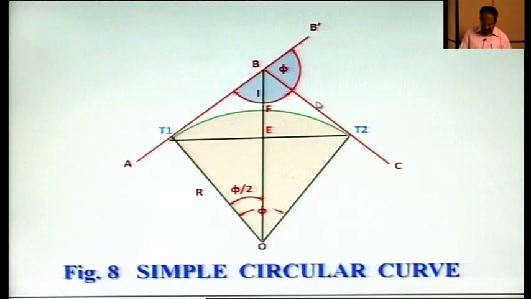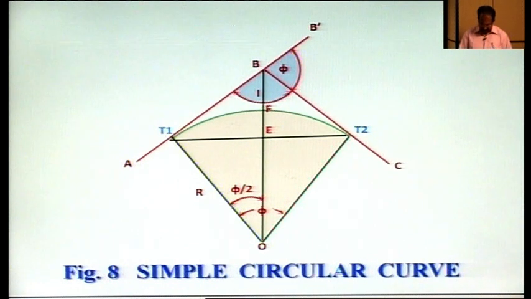The points T1 and T2, please see your figure on the monitor screen, are the points at which the curve touches the tangents or straights. They are called tangent points.